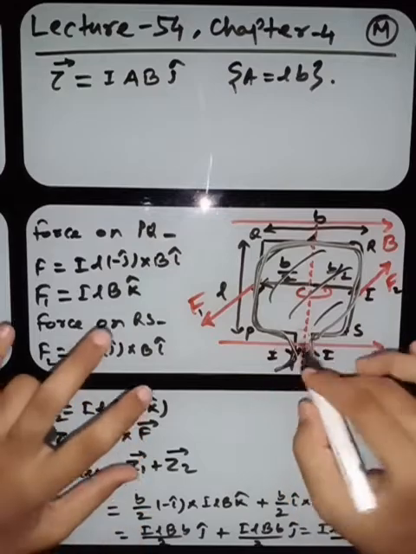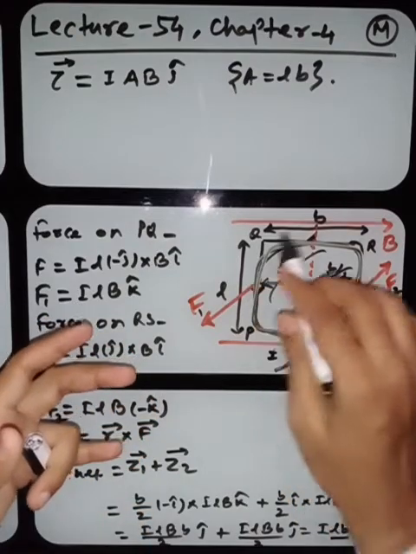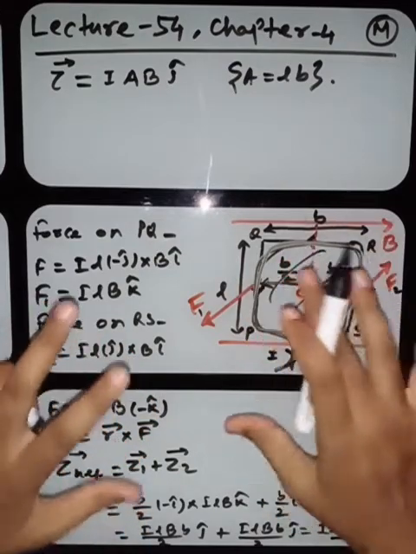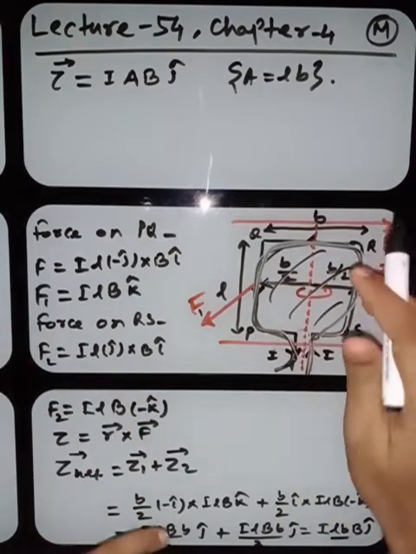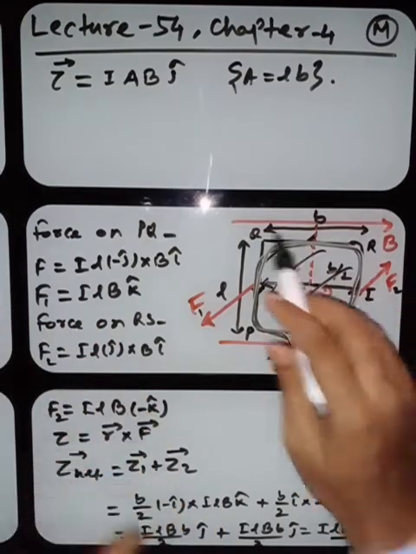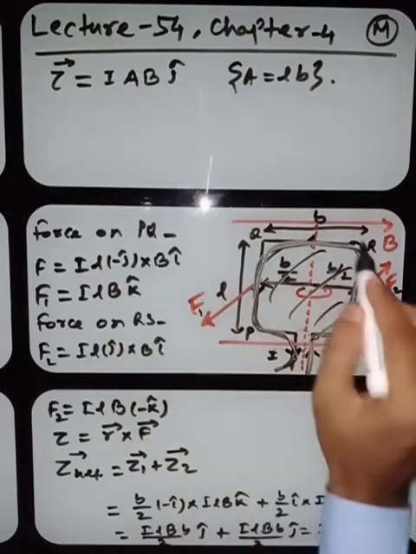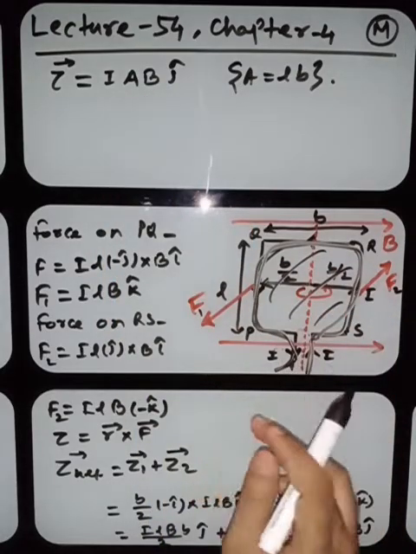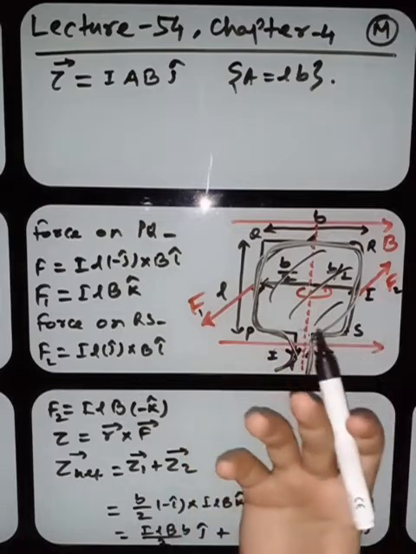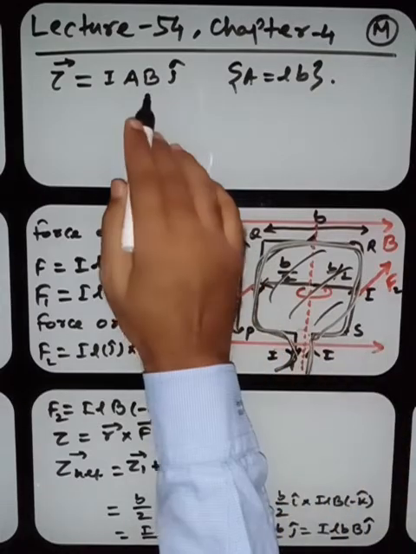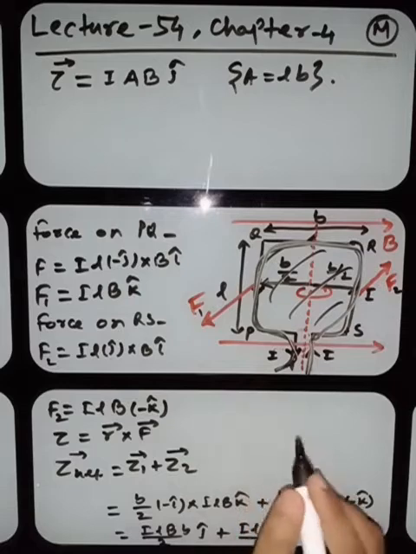Alright, area is also not going to be changed, because the radius, the length and breadth will remain the same. So area is not going to be changed, current is not going to be changed. So magnetic field will change. If this one is making 1 Tesla, then another one also will make 1 Tesla. So the 2 Tesla will be equivalent. So magnetic field is going to be changed.